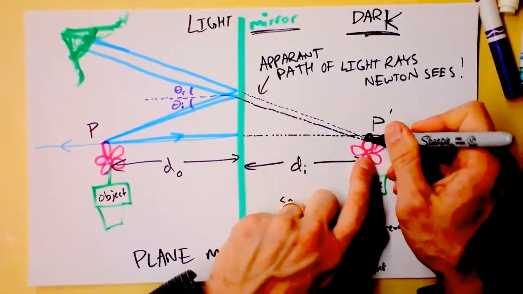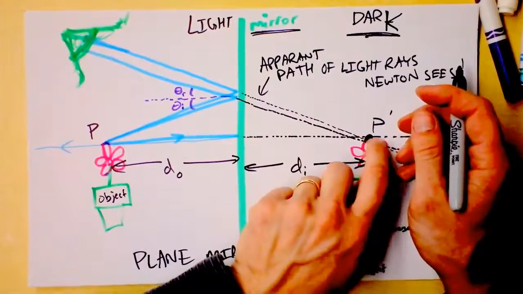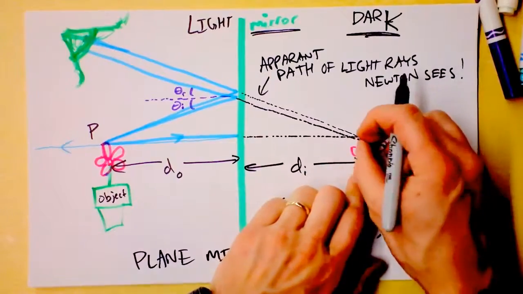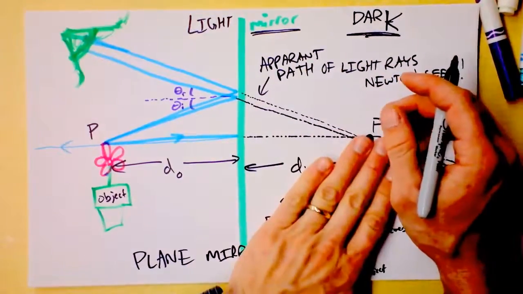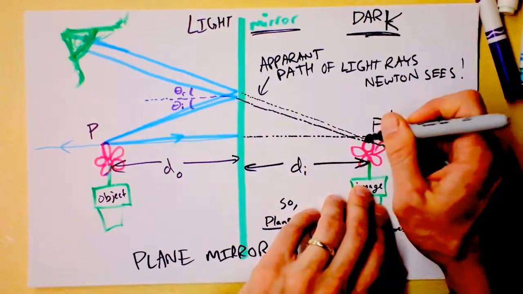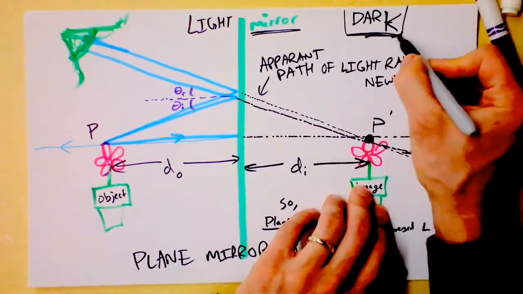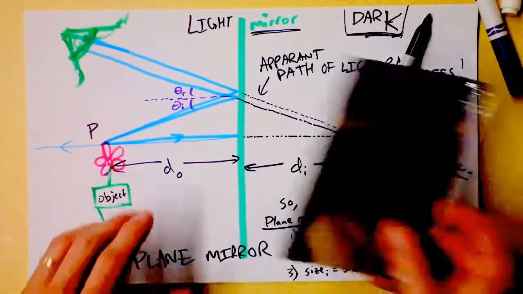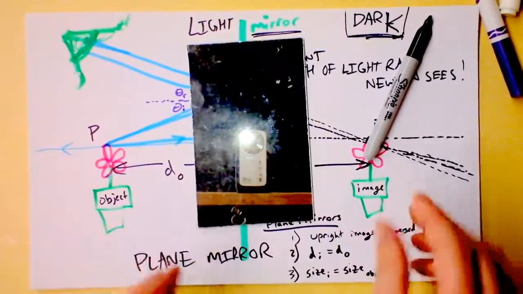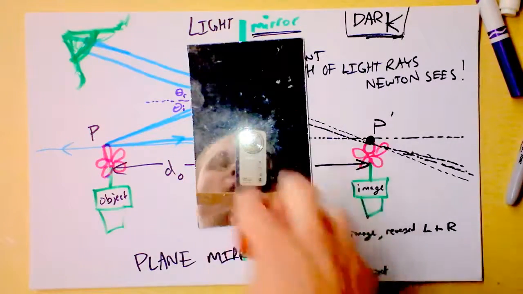So at this location right here, your brain says there must be something there, because that's the only way I can get diverging rays that take up this much of my field of view if there were actually an object here. You know, the more intellectual side of your brain says, I know there's nothing there. There's nothing behind that mirror. You can't go beneath the table and see the camera. I'm trying to grab it, but there's no camera beneath the table, even though I see a camera. There's a camera there. I'm gonna get it. Oh, I can't get it.